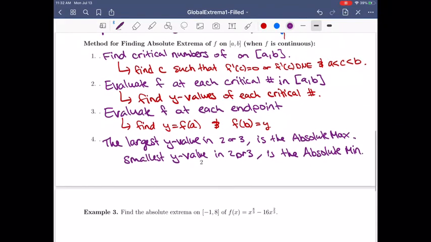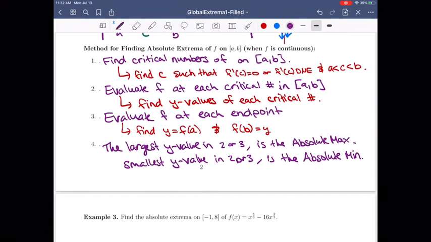So we don't even have to think about whether they're maxes or mins. We just need to compare. The critical numbers in our interval and the endpoints are the only places where we could have an absolute extrema. So all we need to do is figure out which of them has the biggest y value.